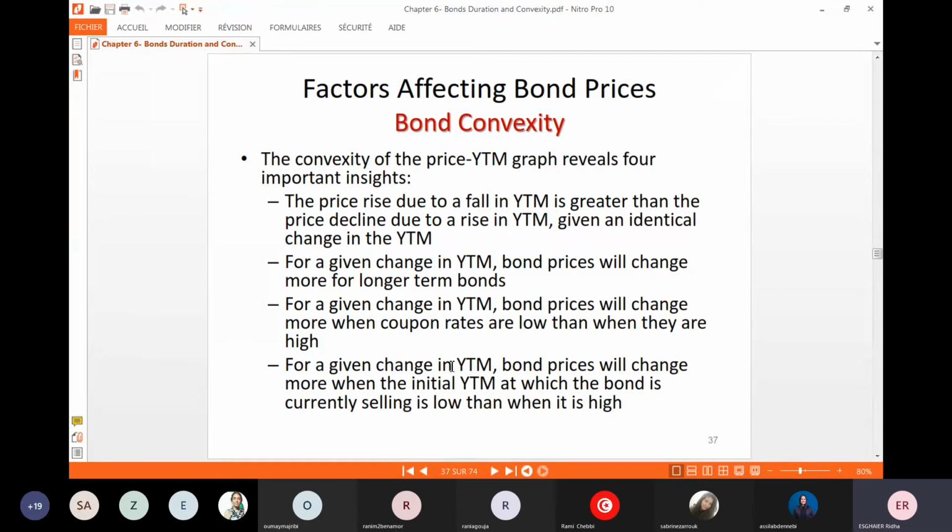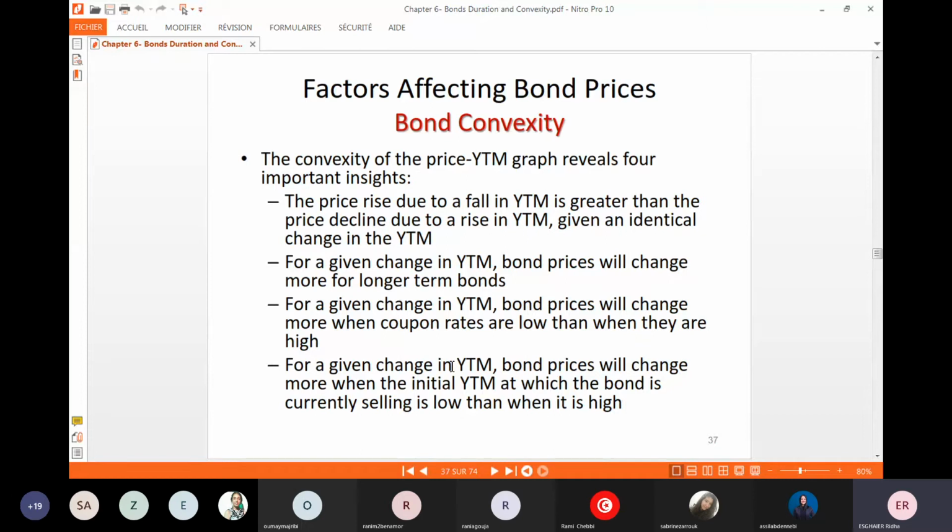Bond price will change more when the coupon rate is low compared to when the coupon rate is high. The bond price will change more when the initial yield to maturity at which the bond is currently selling is low than when it is high.